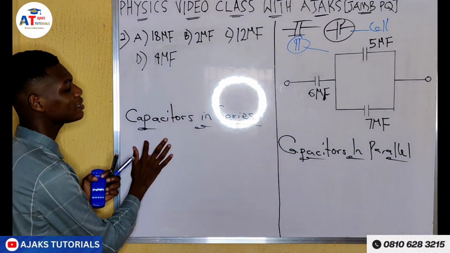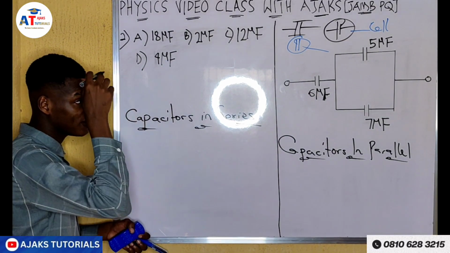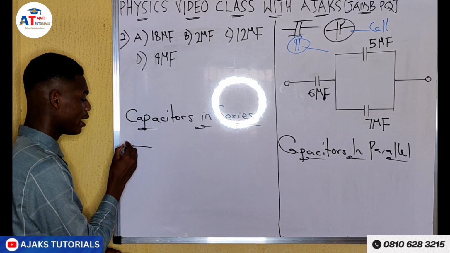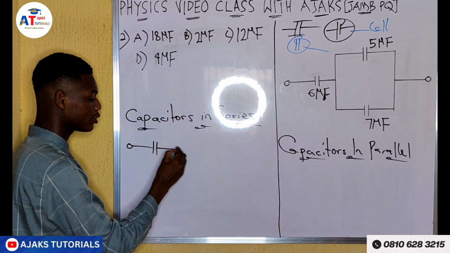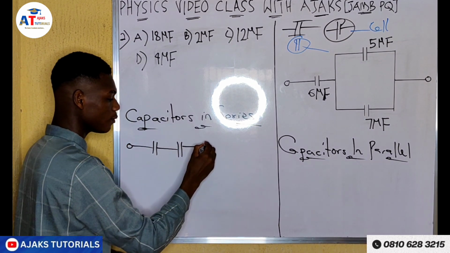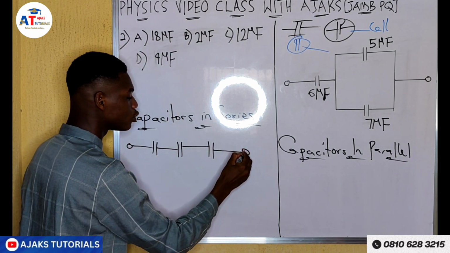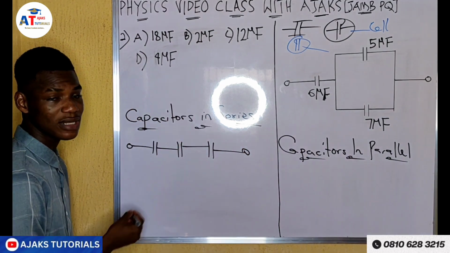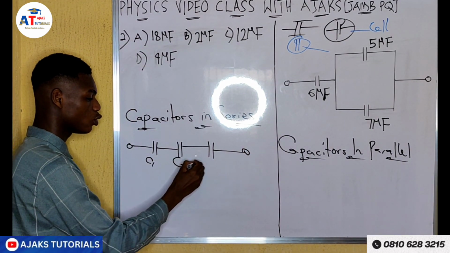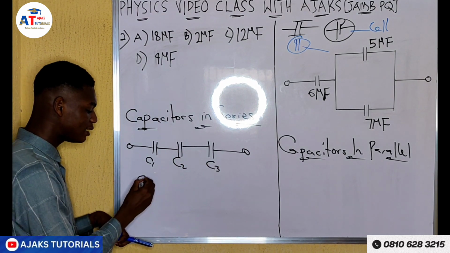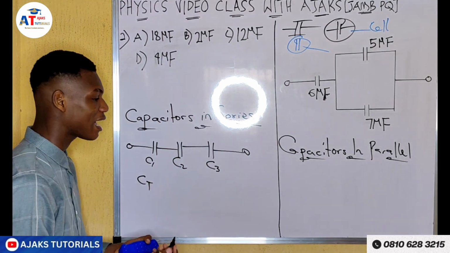Now, capacitors in series. Let me quickly give an example. We have a series connection of capacitors. Let me say this is C1, C2, and C3. Now you have to find the total or equivalent capacitance.